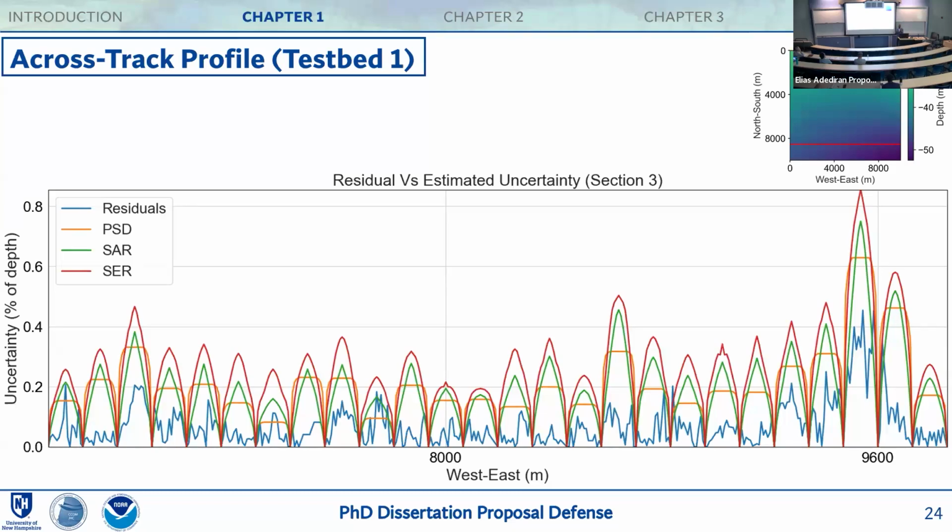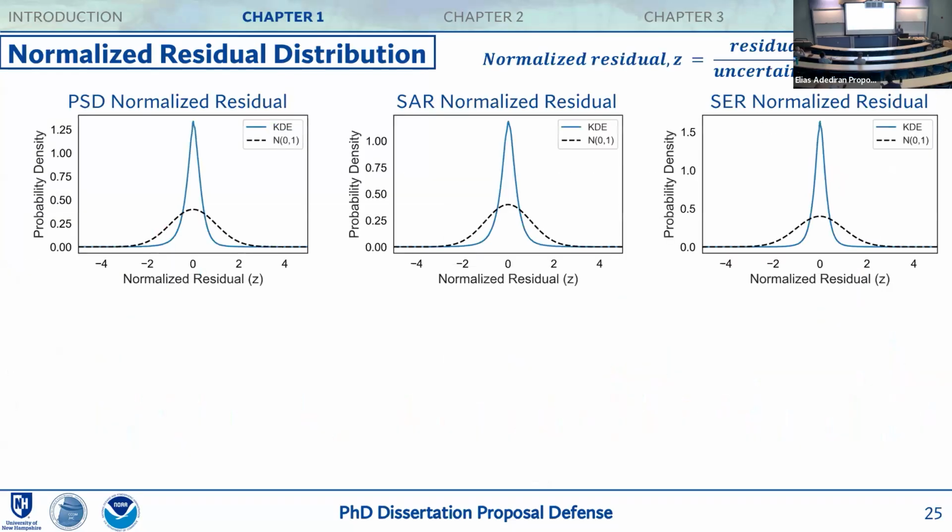You can see that most of the methods bound the residual, but the PSD is tighter compared to the other methods, which tend to be more conservative and overestimate the uncertainty. But that also goes back to the question of which estimator is best in terms of being safe for navigation and also efficient in terms of survey efficiency.